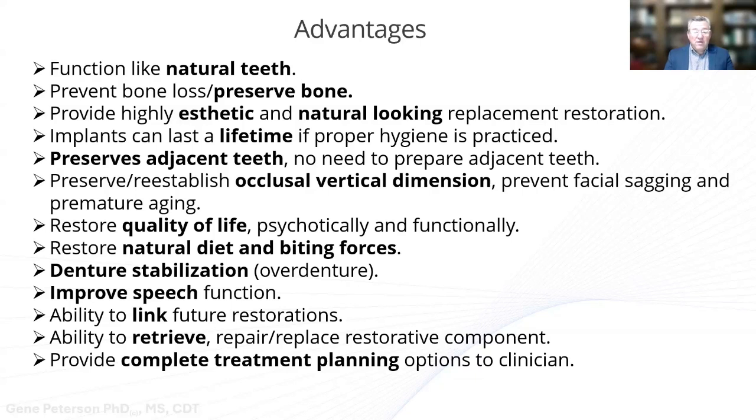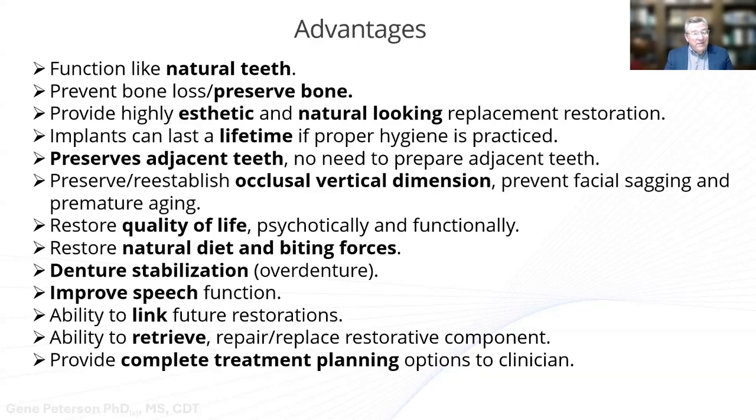Denture stabilization for overdentures. We're gonna end out this evening talking about overdentures, and I love overdentures. It's a big part of my life, talking about dentures and overdenture stabilization. And it's important because, in a good way, you can restore a lot of quality of life to the patient, improve speech and function, improve ability to link future restorations. It's retrievable.